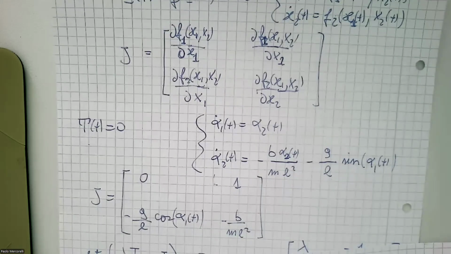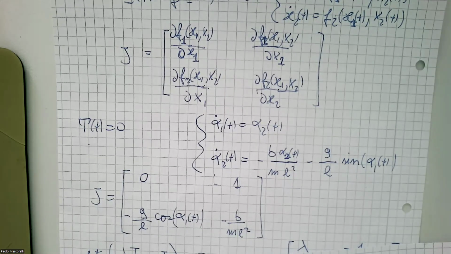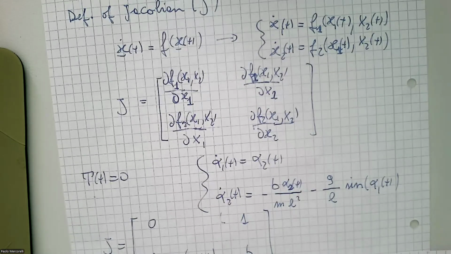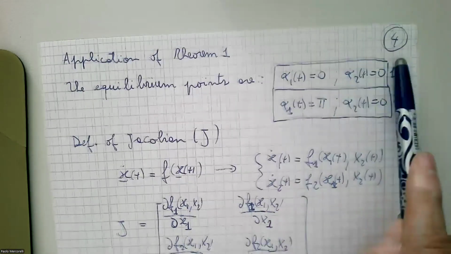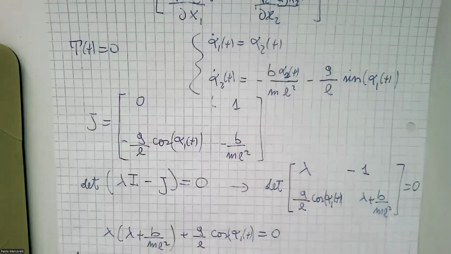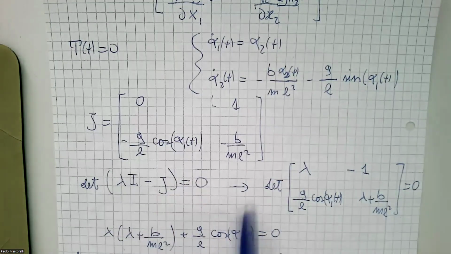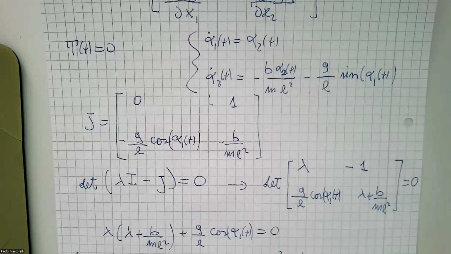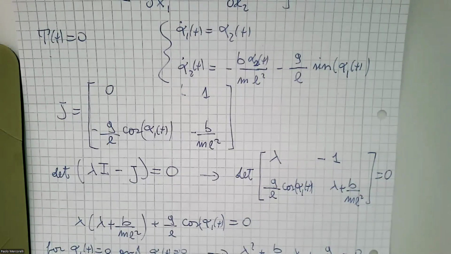Now, if you remember theorem 1, I have to evaluate the eigenvalues of the Jacobian at the equilibrium points, this one and this one. I have to calculate the eigenvalues lambda of J, which can be calculated with this equation. Probably you remember it from math.